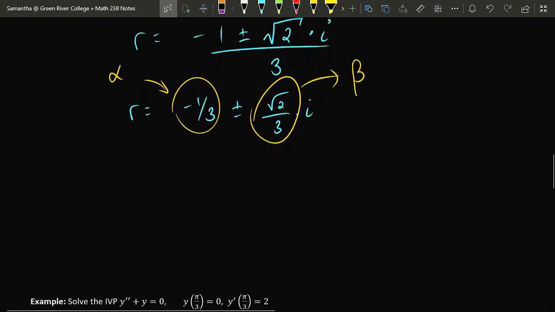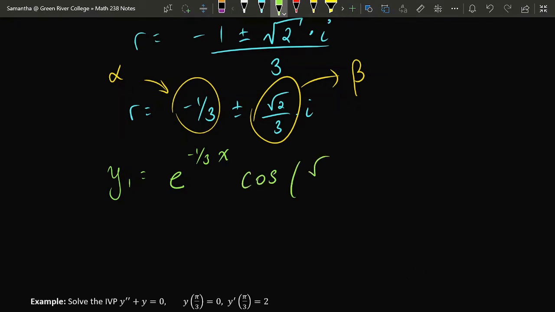So based on the above theorem, our two linearly independent solutions would be y1 equals e to the alpha times x, cosine of beta times x, y2 equals e to the alpha times x, sine of beta times x.